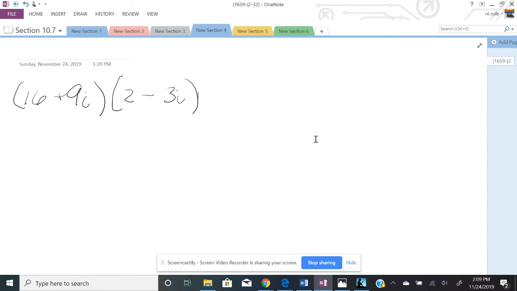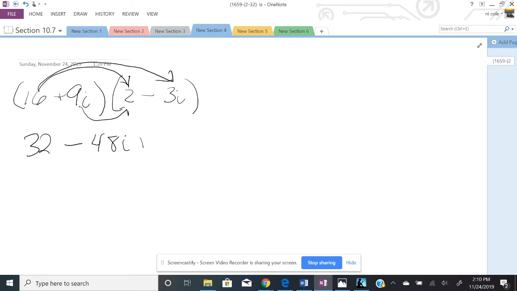All right, the other thing we can do is FOIL. So with i, so I have 16 times 2, 16 times that. So 16 times 2 is 32, minus 16 times 3, which is minus 48i. Now I have 9i times 2, which gives me plus 18i.